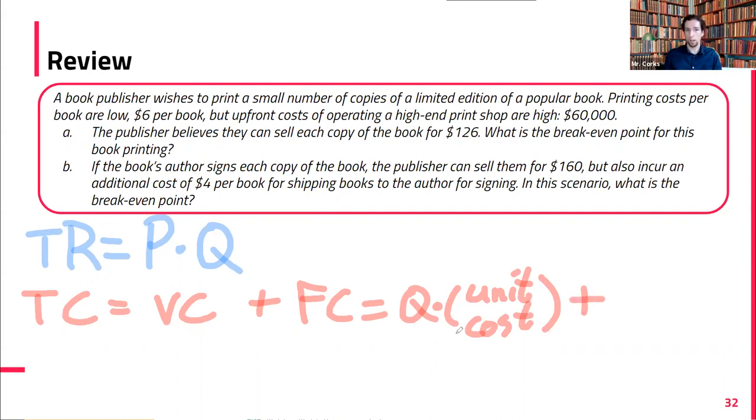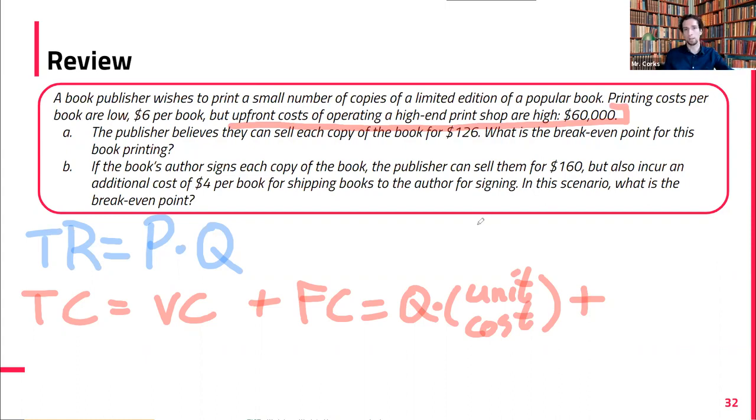Plus the fixed costs, what are fixed costs? 60,000. Okay, so in this case, it's 60,000. Fixed costs are anything that don't vary with Q, that are not dependent on Q. So in this case, it's telling us just the cost of running a print shop, because you have to pay the people who work there.